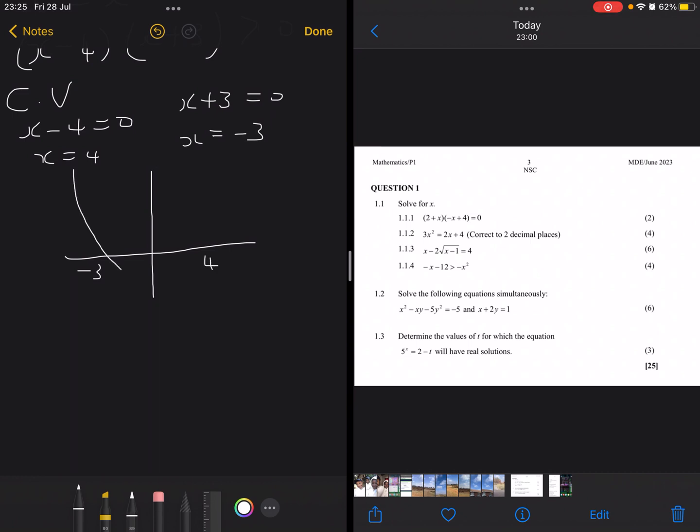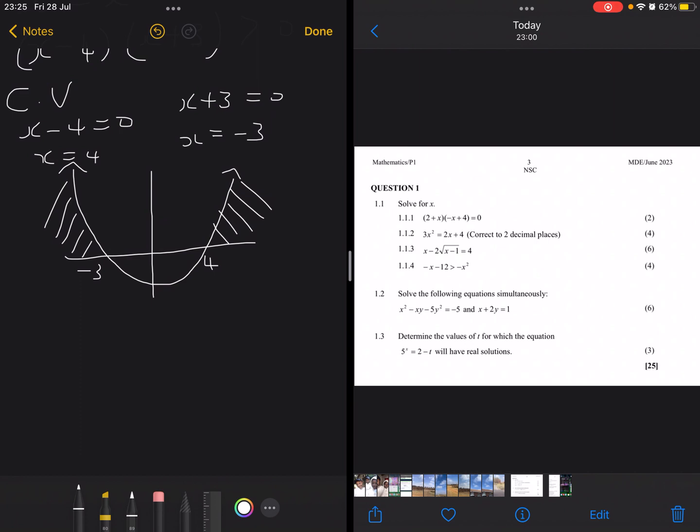Then we draw our nice parabola here. But our equation was looking for the values of x of which will be greater than 0. And when they say greater than, you just shade outside of this and you shade outside of this.